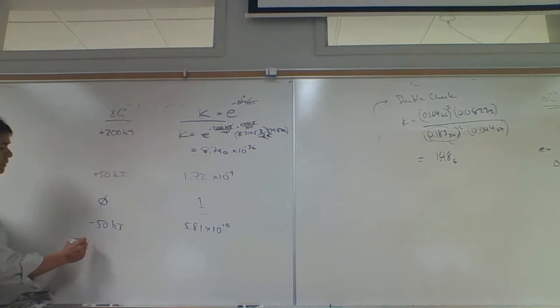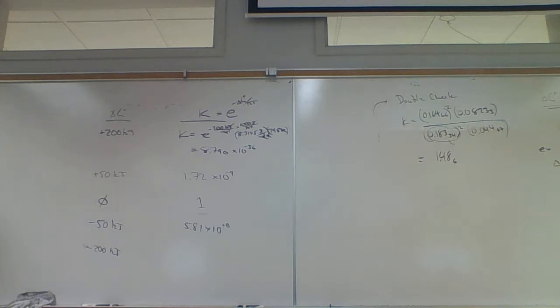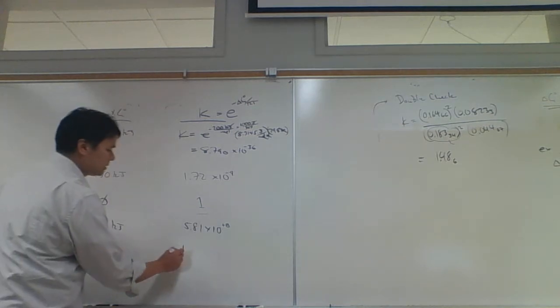And so let's go to minus 200. If we go to minus 200 kilojoules, what's the ratio? 1.04 times 10 to the 35.